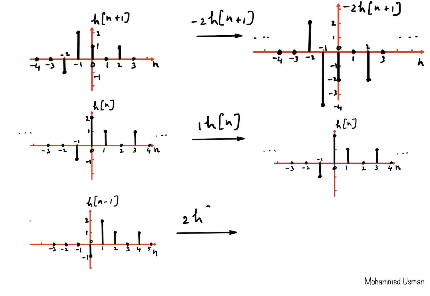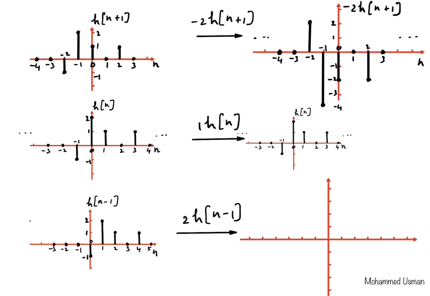So each of these samples of h of n minus 1 will get multiplied by a factor 2, so their heights will get doubled basically. And we'll plot that now. Then finally we have to add all of these shifted impulse responses to get the overall response of our system. So let us now scale this h of n minus 1 by a factor of 2.